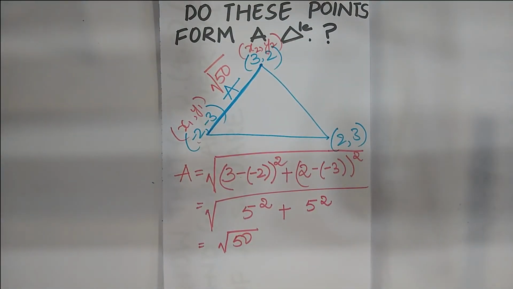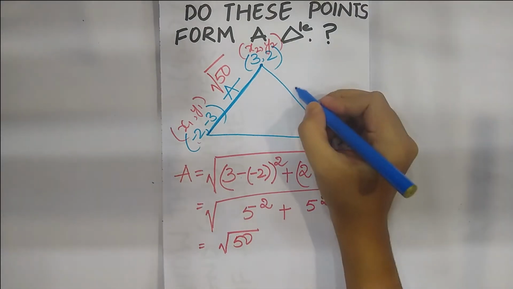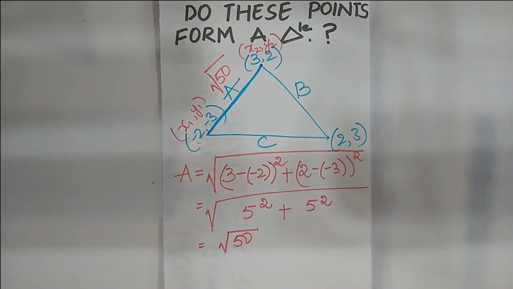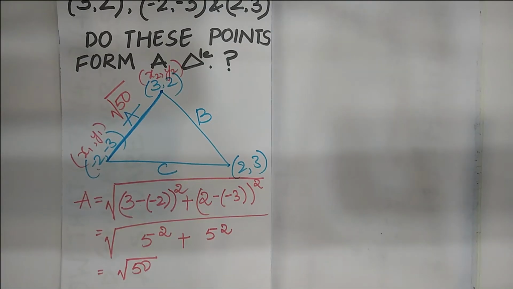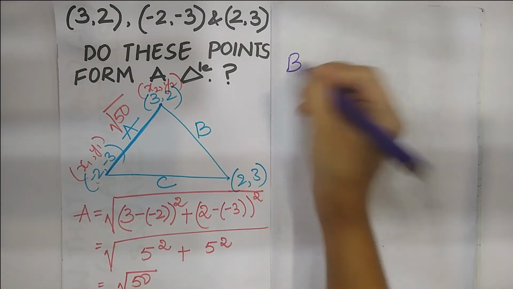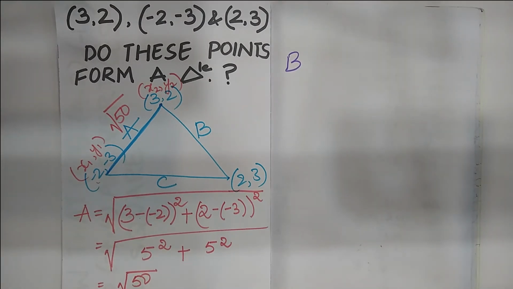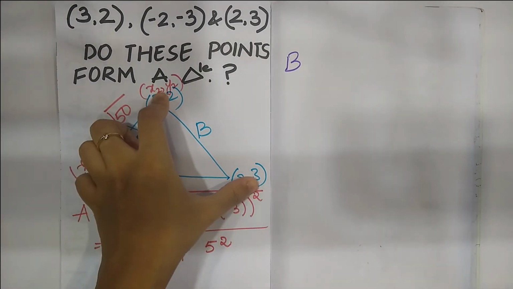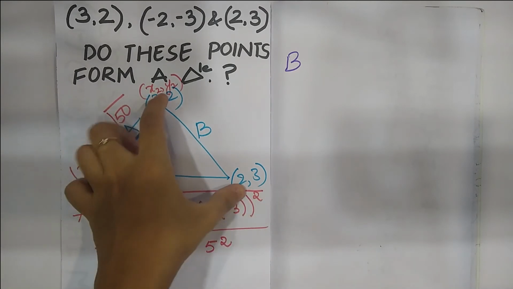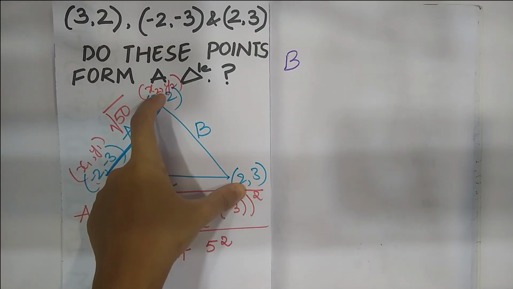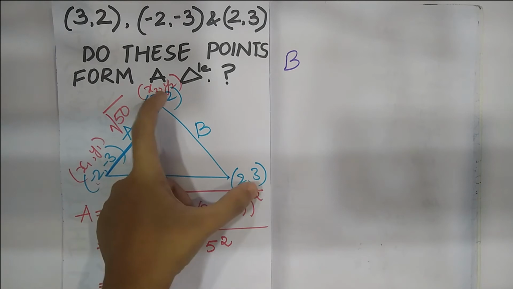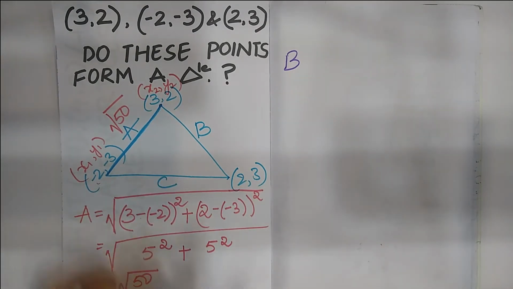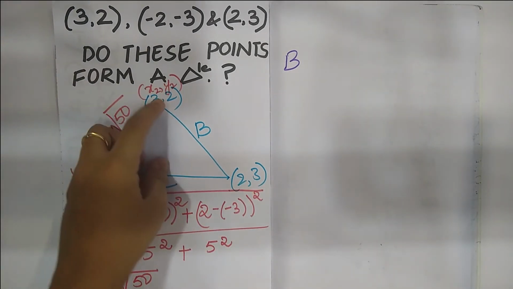We'll have to do the same thing for the other two sides. So let me name the other two sides as B and C. So let us find out the distance for B and C. To calculate the distance of B, what are the coordinates that you will choose? It is these two coordinates, right? Because B lies here and it is touching these two vertices. That is why we choose these two coordinates. So here we have taken x2, y2 as 3, 2.